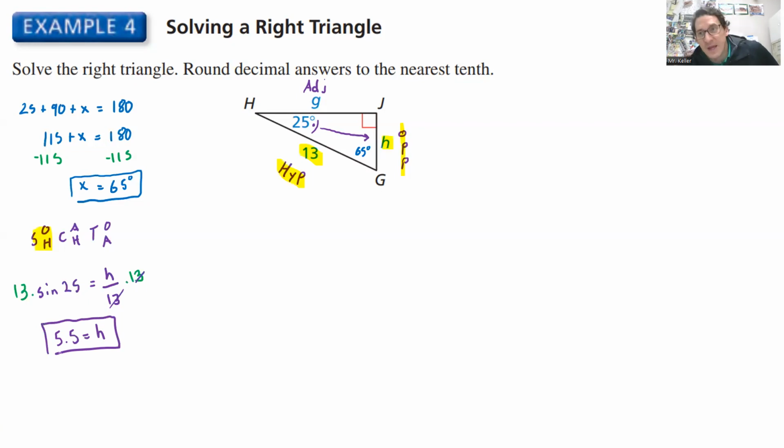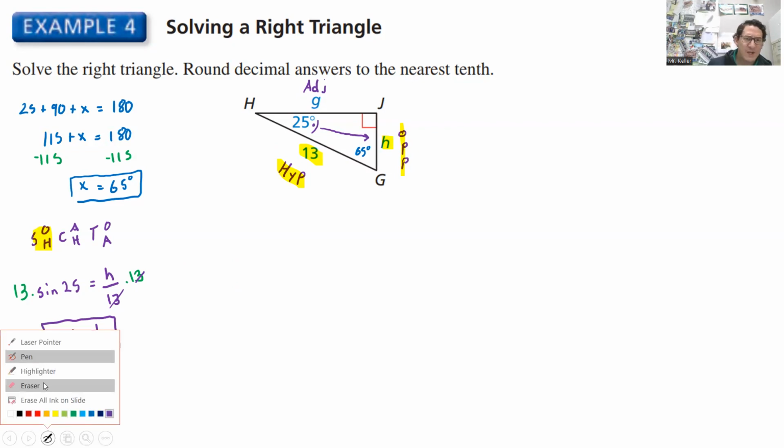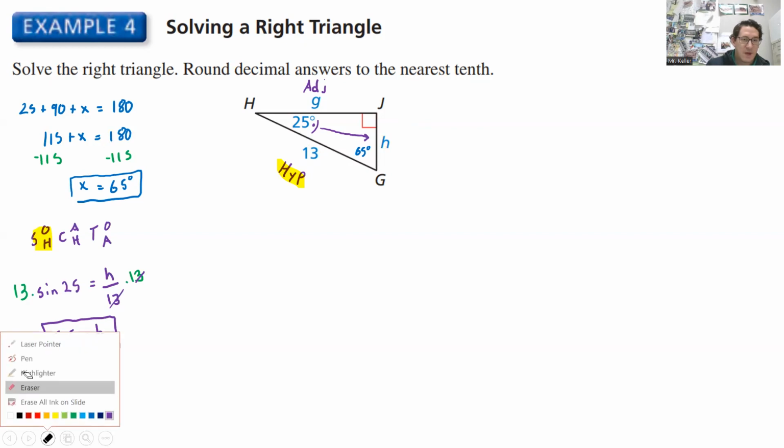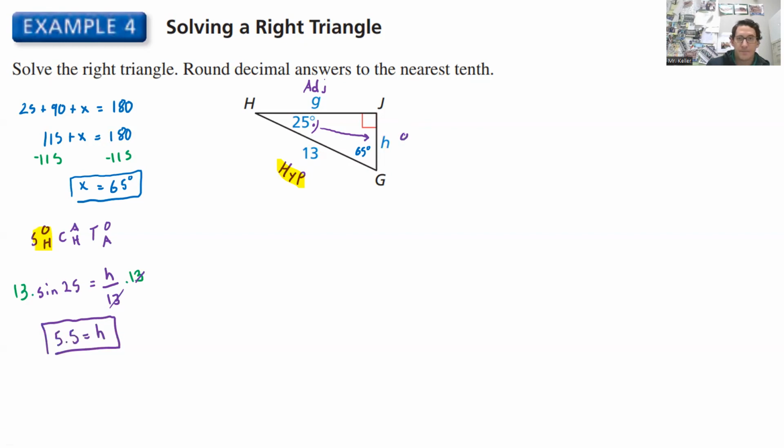Now from here, again, I still have options of how I want to handle this. Now that I know this side here is 5.5, I can use Pythagorean theorem to find the other side, or I can use trigonometry again. I'm just going to use SOHCAHTOA again because I think that's a little bit faster, at least for me.